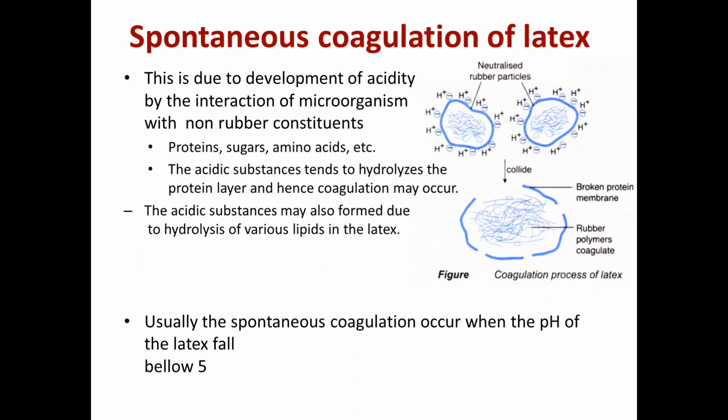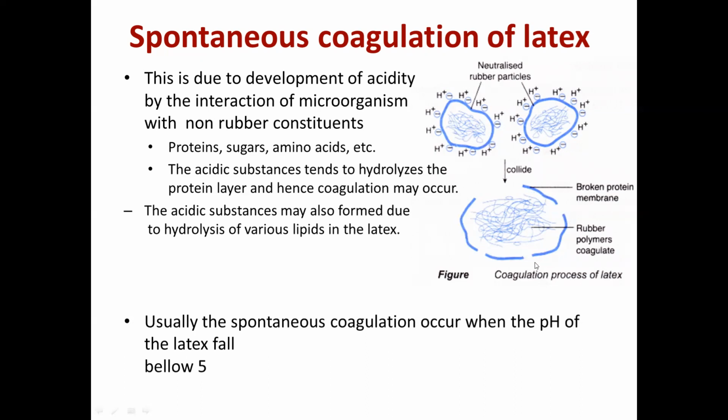Bacterial activity, growing bacteria, will make the latex with bad odor. Now, spontaneous coagulation, usually when you have H+, that is acids, when you have a rubber particle covered with natural protein, these microorganisms, proteins, sugars and amino acids and acidic substances hydrolyze the protein layer. And what happened to the protein layer?